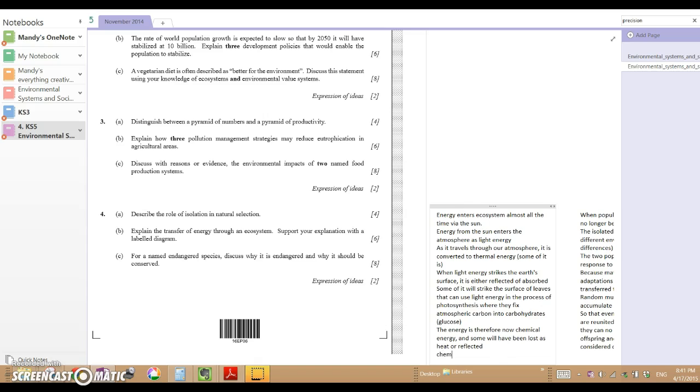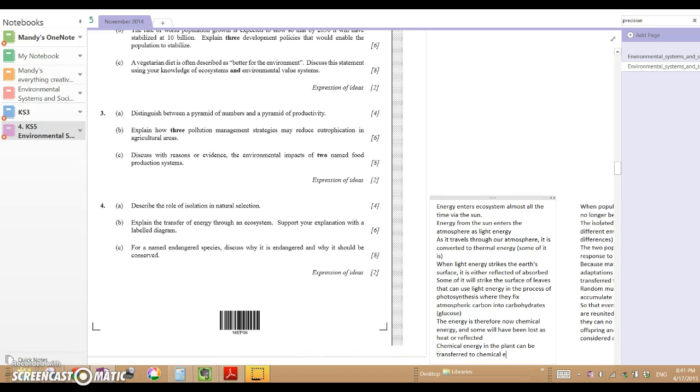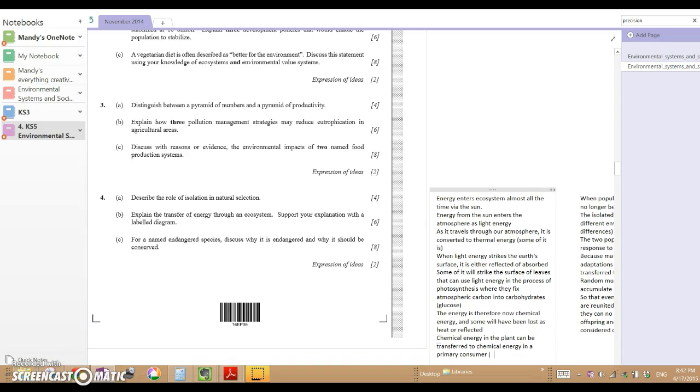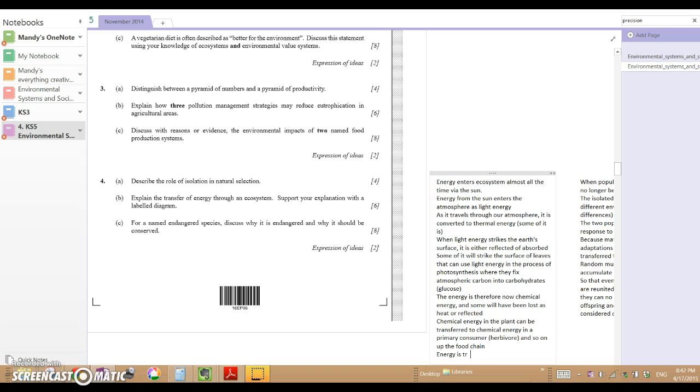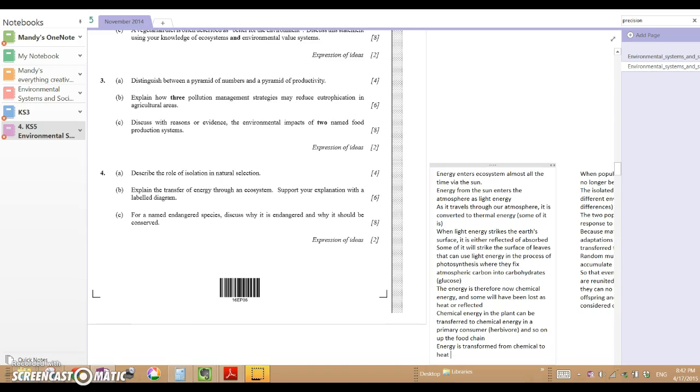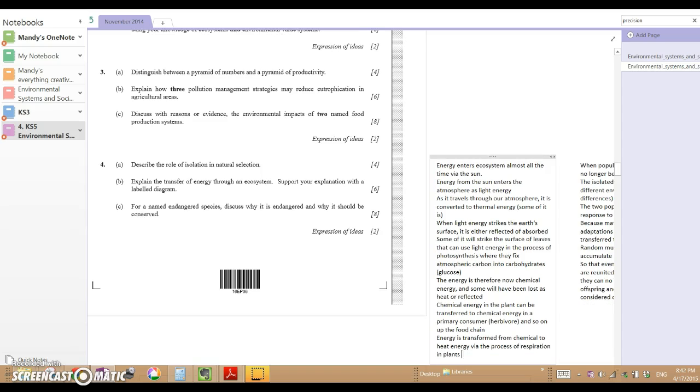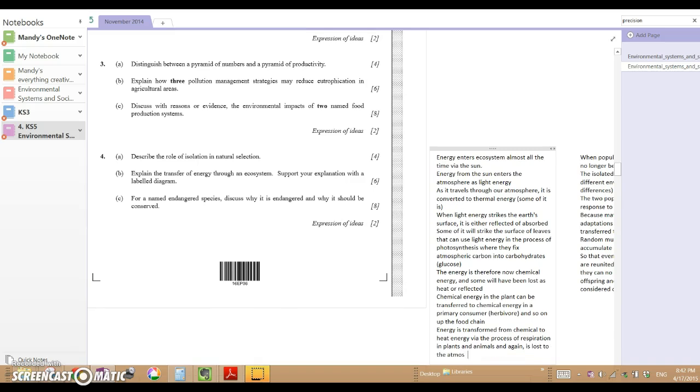Now, chemical energy in the plant can be transferred to chemical energy in a primary consumer, a herbivore, and so on up the food chain. Energy is transformed from chemical to heat energy via the process of respiration in plants and animals, and again is lost to the atmosphere.